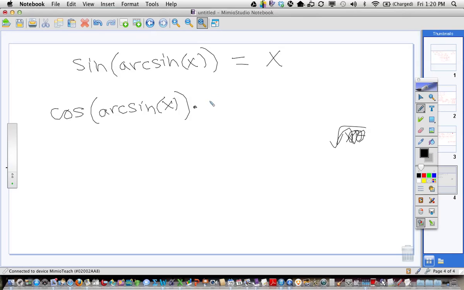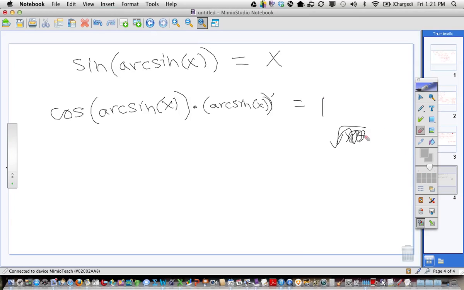So I'm going to put arc sine of x prime. I don't know what that is, which we're going to find out in a minute. And that's got to equal, well, what is that expression? It's just 1, right?